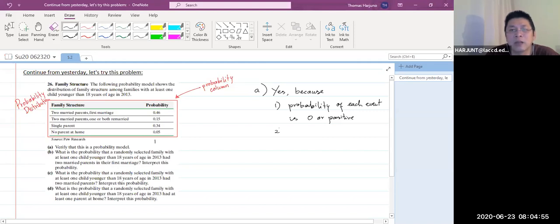And second, and it has to be both, the total probability is 1.